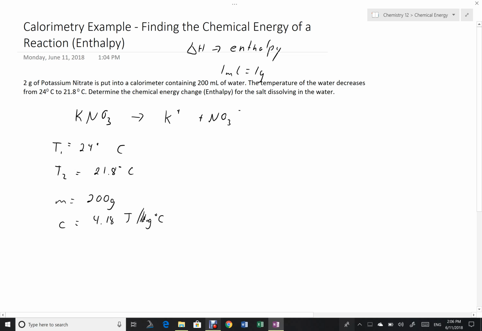So with that in hand, we can use all of those things to figure out the energy associated with this temperature change. Q is equal to mc delta T. So let's just do delta T first.